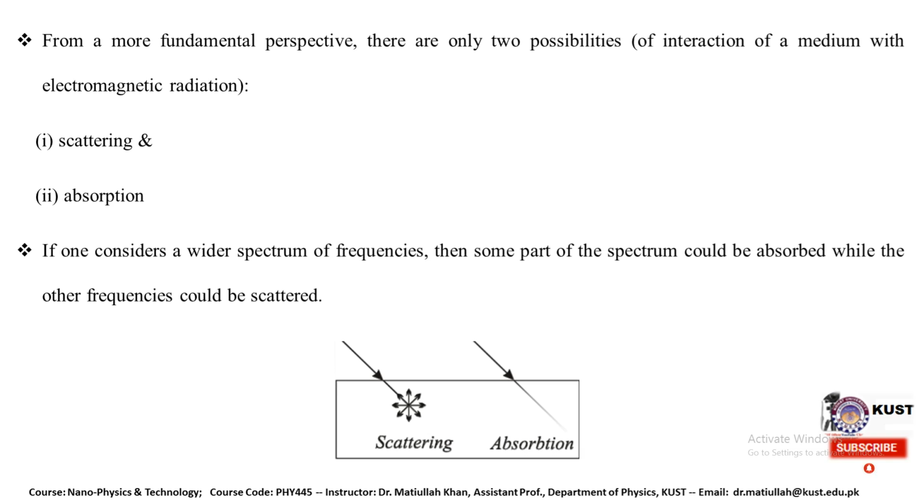In scattering, the electromagnetic radiation is scattered in different directions, while in absorption, the radiation is absorbed and vanishes completely. If one considers a wider spectrum of frequency, then some part of the spectrum could be absorbed, while other frequencies could be scattered. So it depends upon the nature of the radiation as well as the nature of the material.